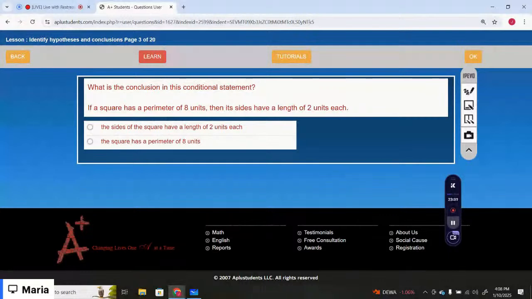The conclusion is the then part. The side of the square has a length of 2 units each. Option number one is the correct option.